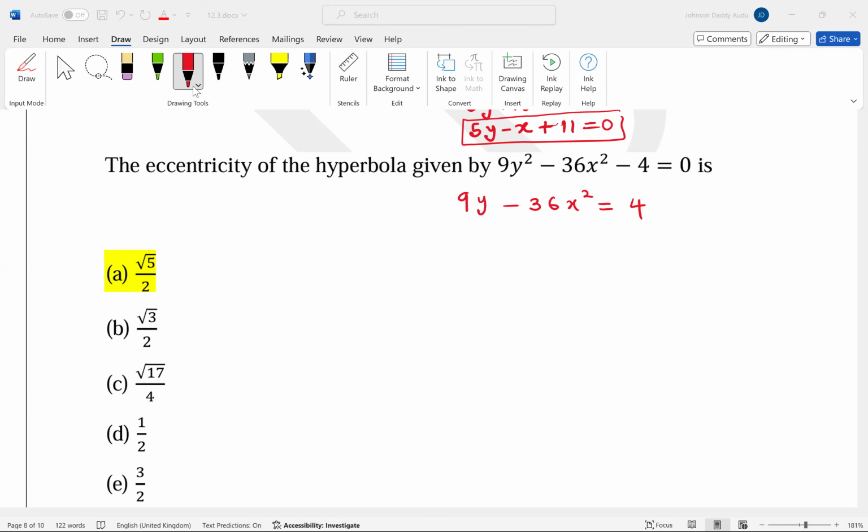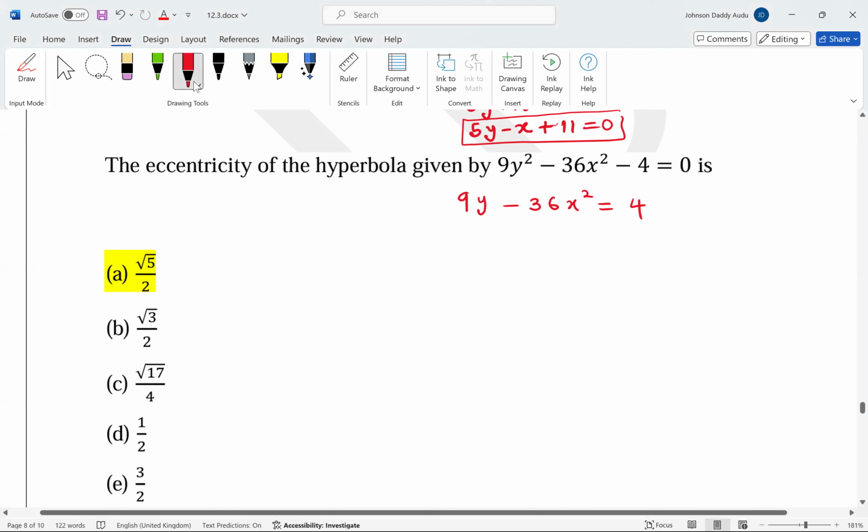All right, so here we just need to divide both sides by 4.